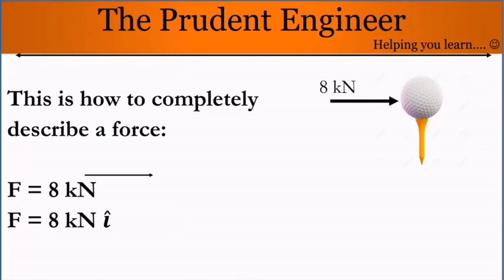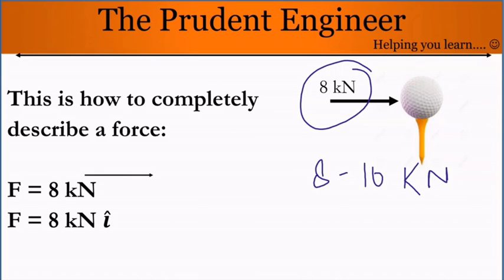Now, how do we describe a force? Suppose there is a golf ball. When we hit the golf ball with a stick, the impact force is generally around 8 to 10 kilonewtons, and I've written 8 kilonewtons for now. How will we define this? Suppose this is our coordinate system, x and y.